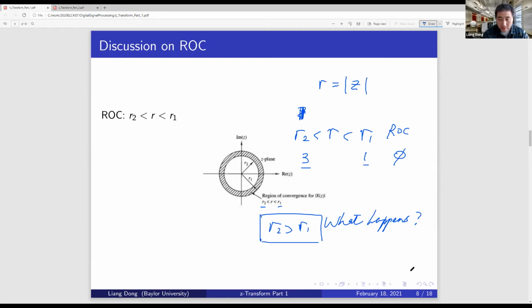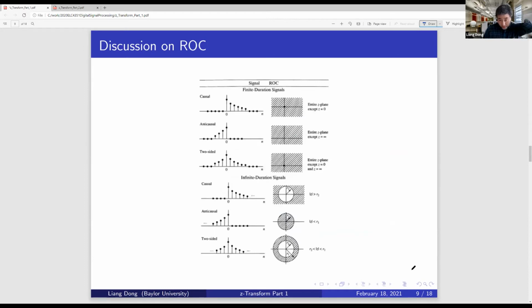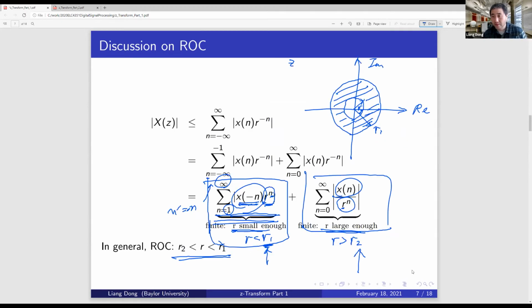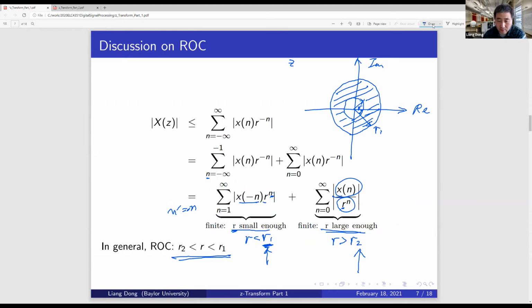So similarly, we can deal with some other special cases. In general, now if we have a causal signal, a general case is that we do not have this term. Let me erase a little bit. If the signal is causal, I only have this term.